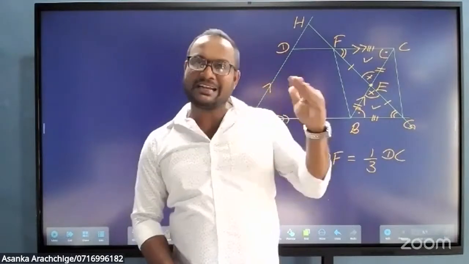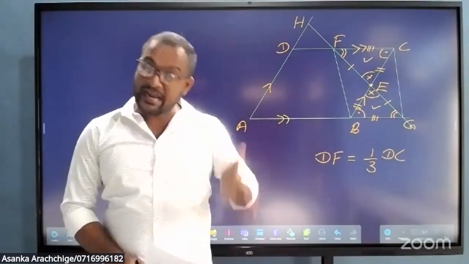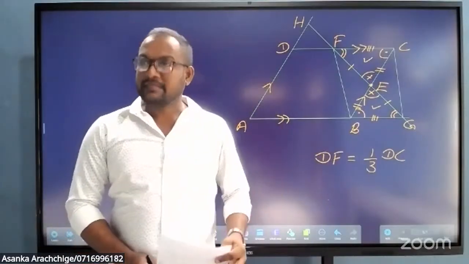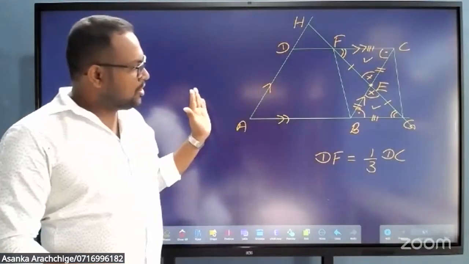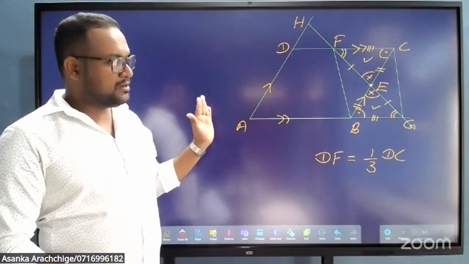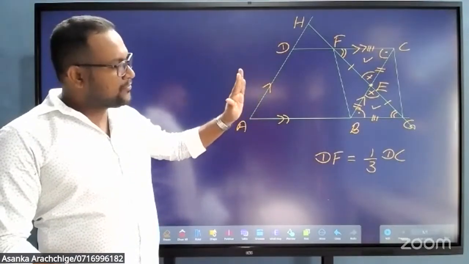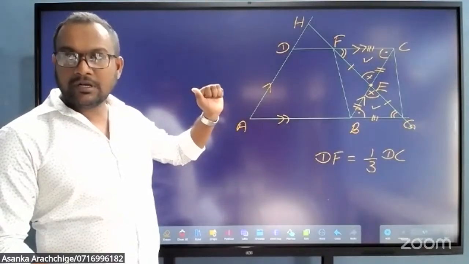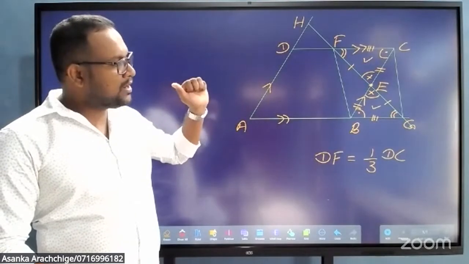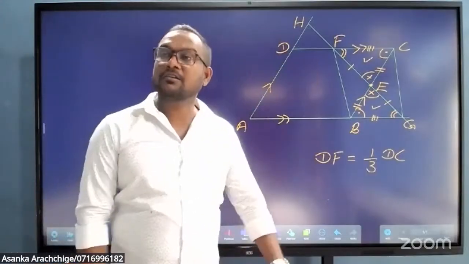If you can show that they bisect each other, then you can decide that it is a parallelogram. Then according to the information we got here, from those four methods, which one can we use here to show that this is a parallelogram?